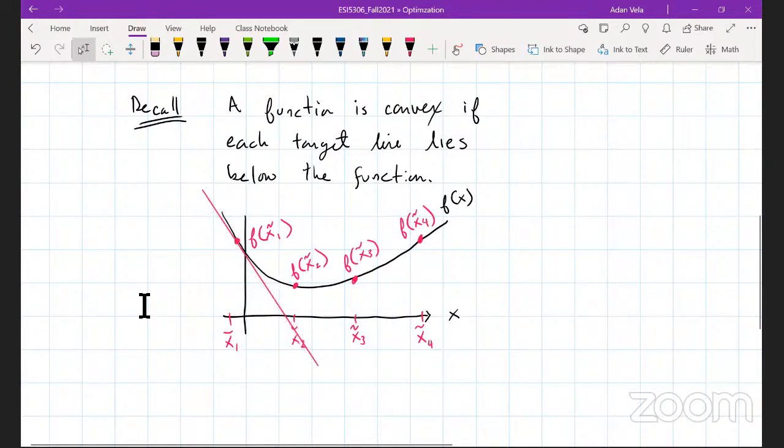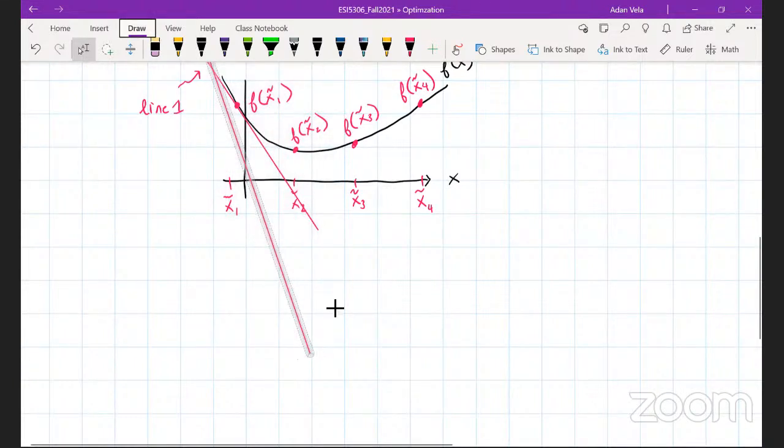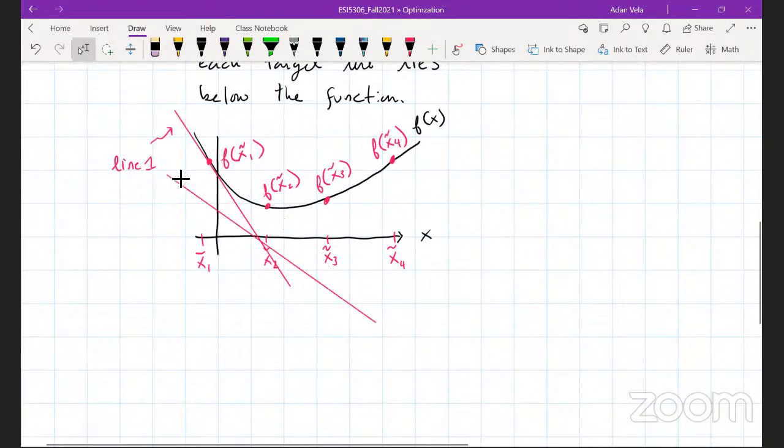And we can see that this tangent line at x1, so this is line 1, it's below our function f of x at all points, so it's supporting it. And this gets repeated for each of the tangent points when we draw that tangent line. So I'm going to draw a bunch of these so we can see all 4. There's another one.